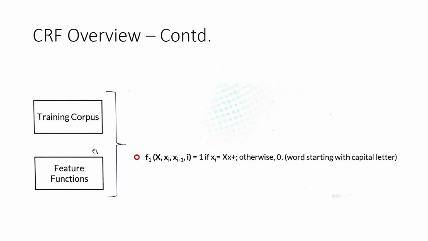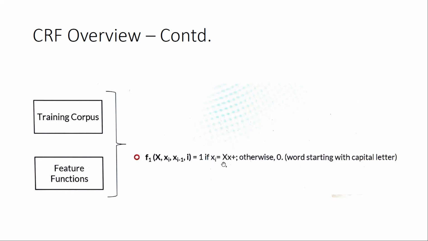In the training corpus, we will look at this first rule. Let's say this is our first rule, that we are looking at the input, which is x, and we will look at the words x_i and x_i minus 1, whatever the word is and the previous word, and i is the location. We will say it is equal to 1 if the first letter is capital, right?